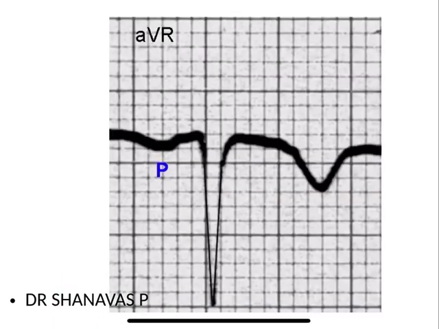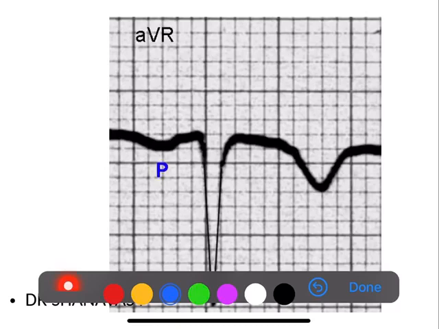In the case of lead aVR, even though both right and left atrium depolarize in the same direction, it is opposite to the lead, so it will produce a negative deflection or an inverted P wave.